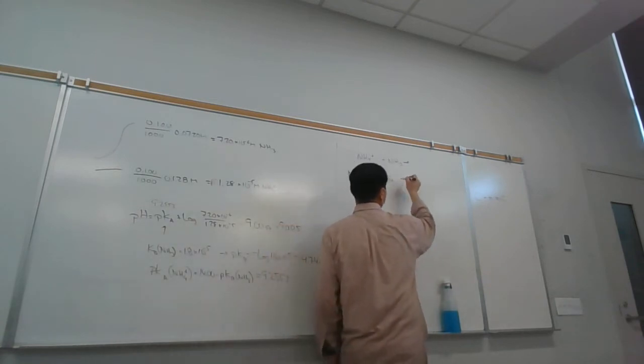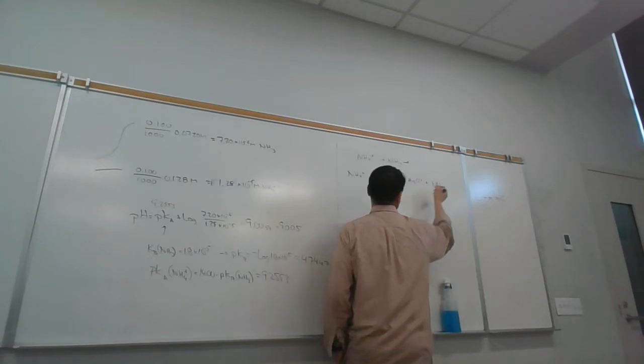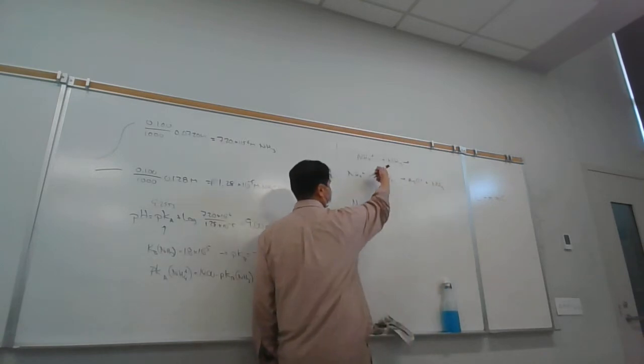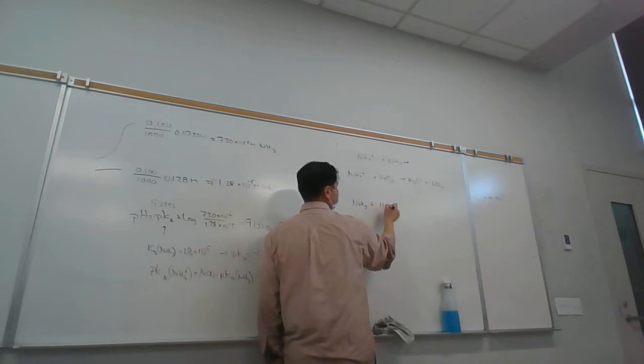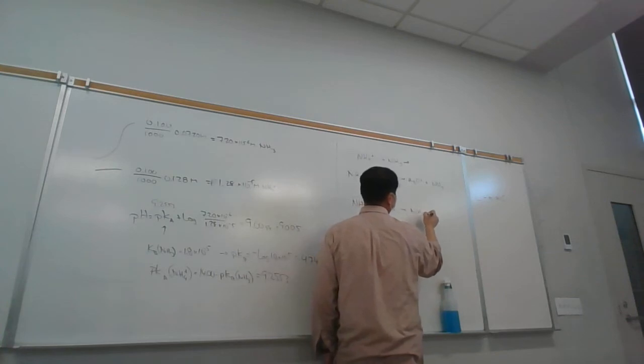And so we end up with these two equations. Ammonium and water is going to give us hydronium and ammonia. And then the strongest base, ammonia, will react with the next strongest acid, which will be water, and we're going to end up with ammonium and hydroxide.